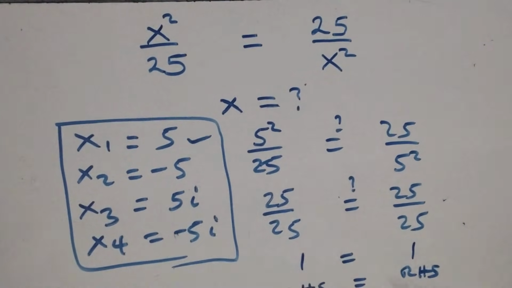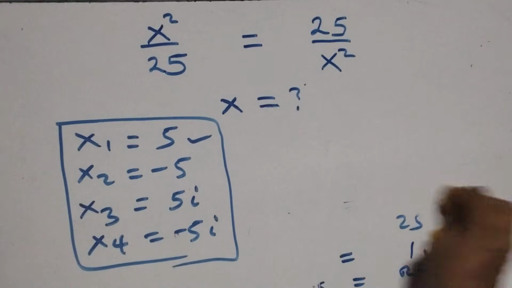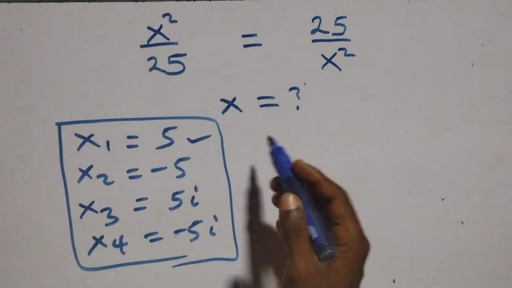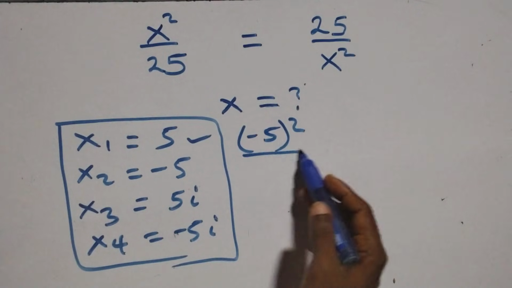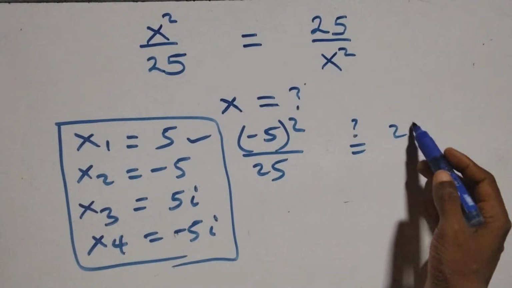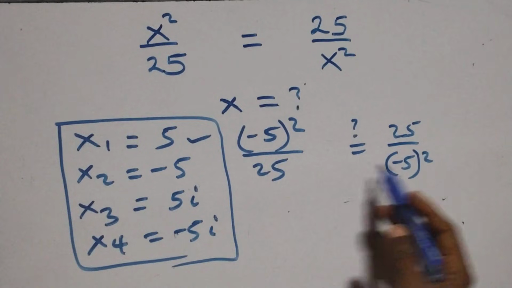satisfies this given problem. Then also we substitute x equals to minus 5. That is, this equation becomes minus 5 all squared over 25. This is equal to, also here we have 25 over minus 5 all squared.